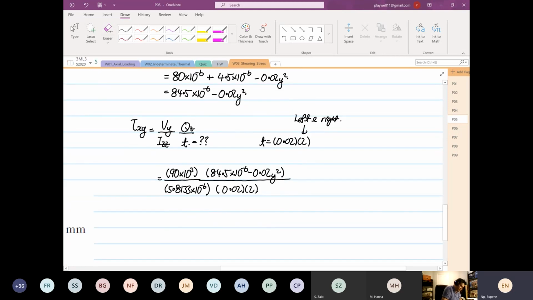So for this case, what you see over here, you will have 987.0435 times 10 to the power 9, and then multiply by 84.5.